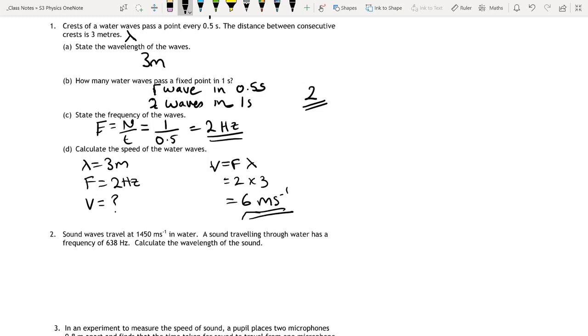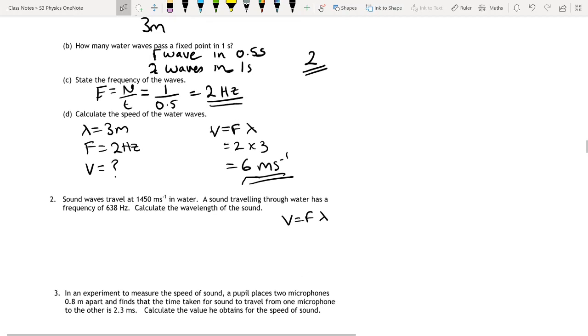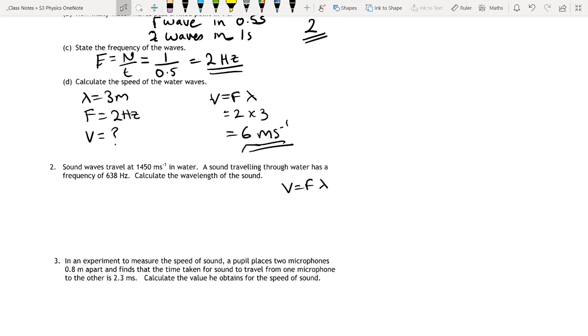Okay. Have a go at question 2. You're using the same equation, v equals f lambda. So have a go, but you're going to have to rearrange it to find the wavelength. Remember, lambda is the wavelength.